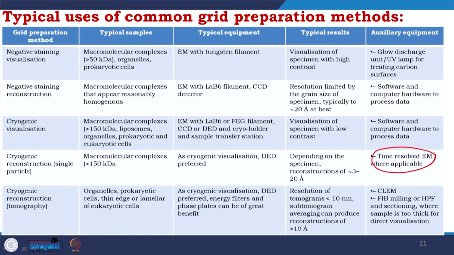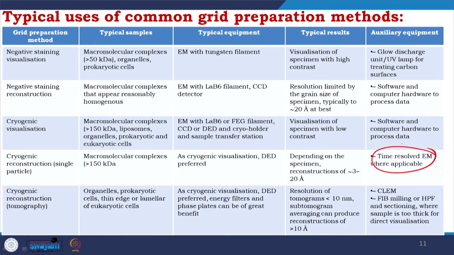We will talk about this in the next class. In the special instrumentation, cryogenic reconstruction, CLEM, this is also a special type of light electron microscopy. We will talk about FIB milling, or HPF and sectioning where the sample is too thick for direct visualization.